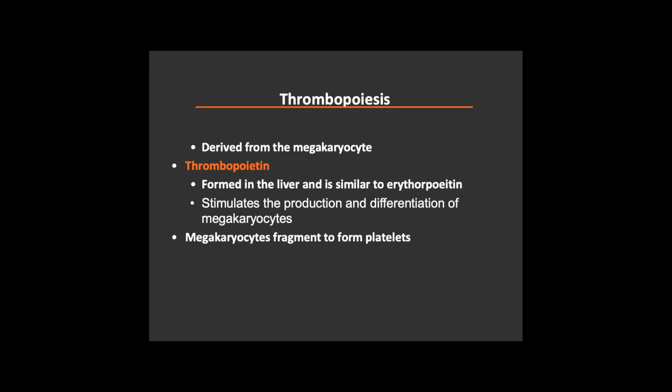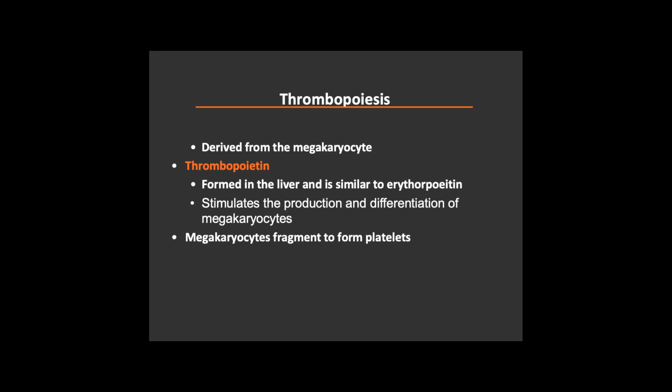Thrombopoiesis is the production of platelets. And platelets are derived from cells that are called megakaryocytes. And these megakaryocytes fragment, or some people think they explode or they bud, but whatever, they form platelets.